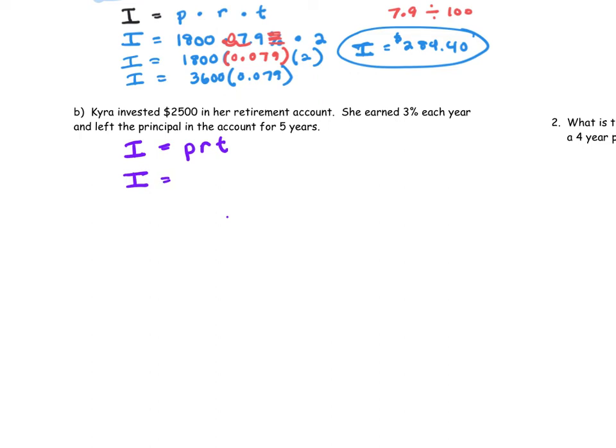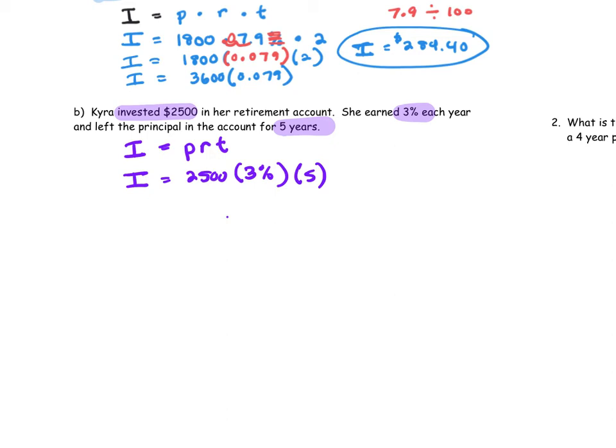The principal they gave us, and this time was invested, is $2,500. The interest rate that was given is 3%. And the time in years was 5 years. So hopefully this is what you have.